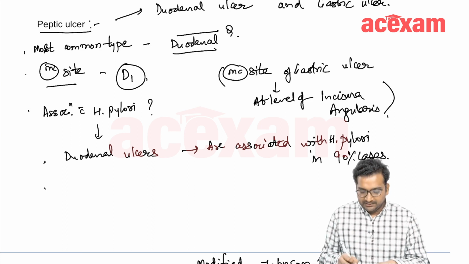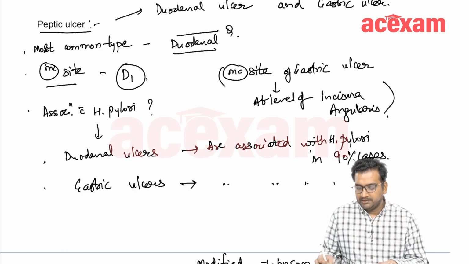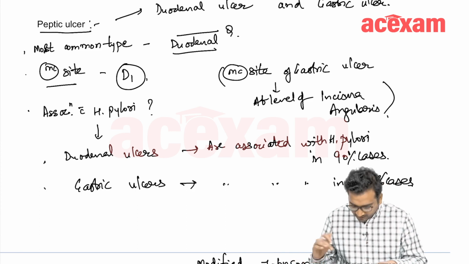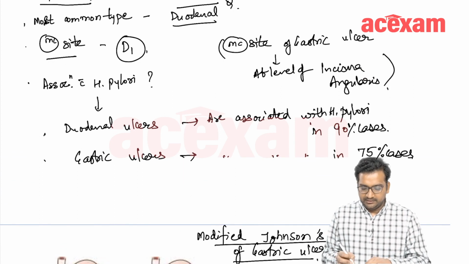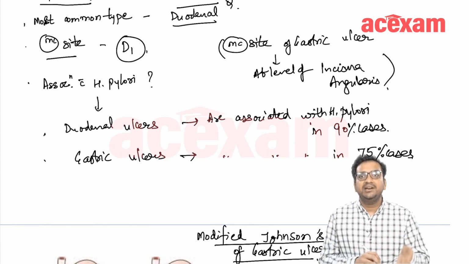Okay, whereas gastric ulcers, they are associated with H. pylori in 75% cases. Okay, now in duodenal ulcers and gastric ulcers, there is difference in how they are being treated.